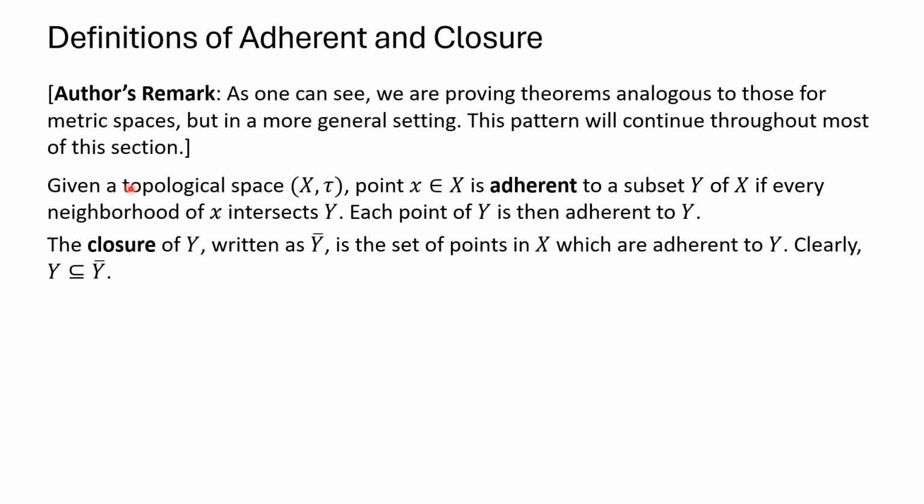Okay, so let's look at a definition here of adherent. Given a topological space X with topology tau, a point x in capital X is adherent to a subset Y of X if every neighborhood of x intersects Y. Each point of Y is then adherent to Y. And in addition to that, you could also have points that are on the boundary of Y. So in other words, not in Y, but every neighborhood surrounding that point intersects Y. And those would also be adherent points.